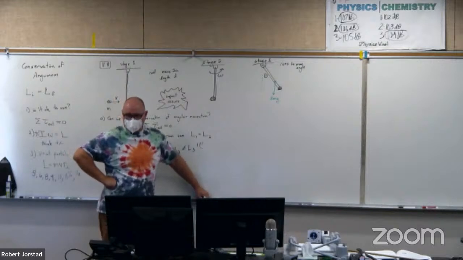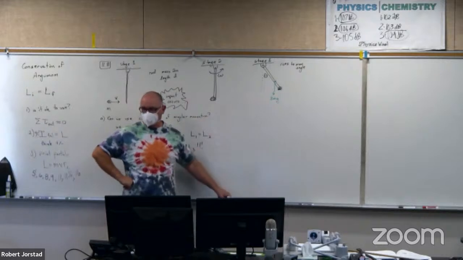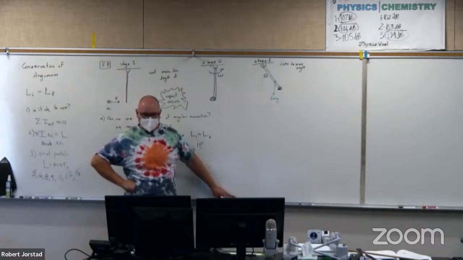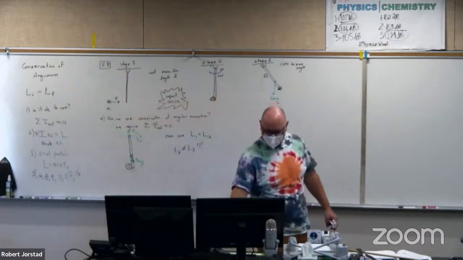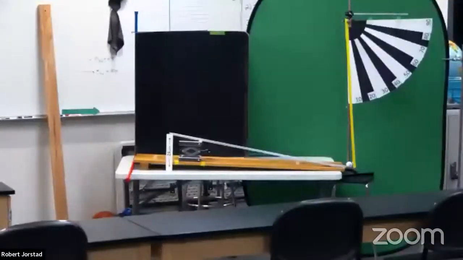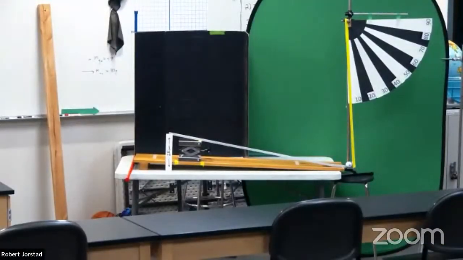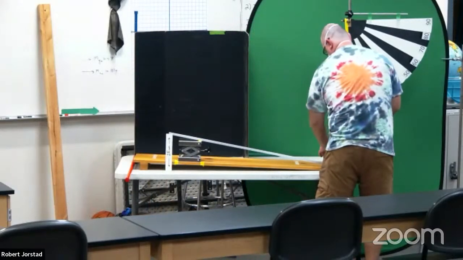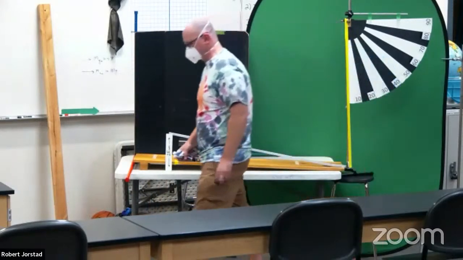For it to be conserved, some other object in the universe must have that lost angular momentum. What is it? We're looking at this system right here. This drove me nuts at first when I was thinking about it.